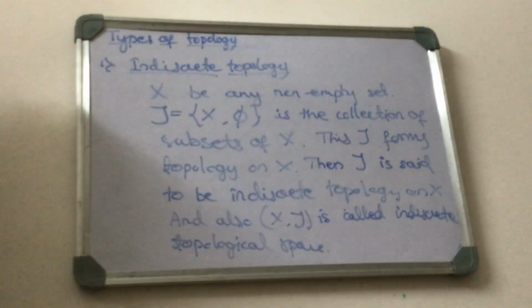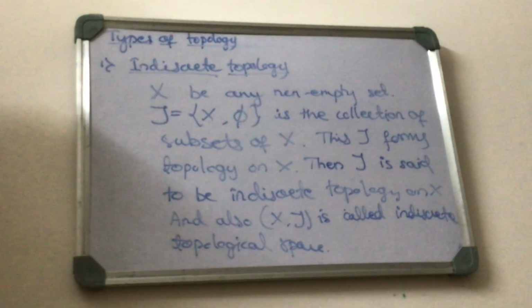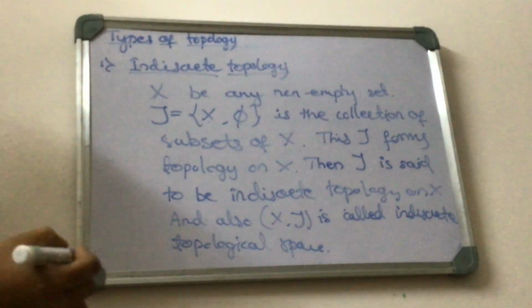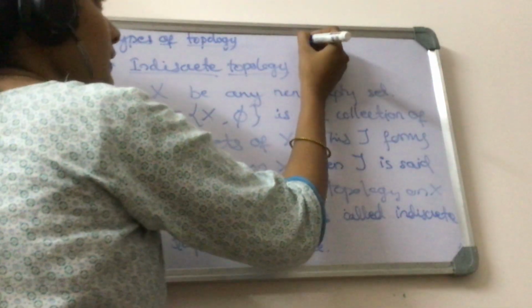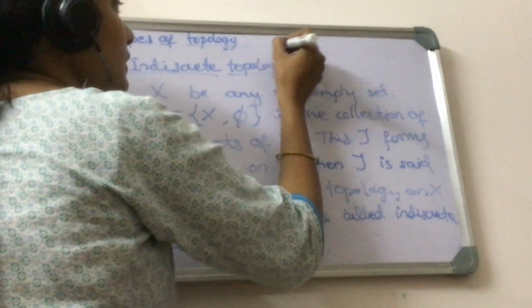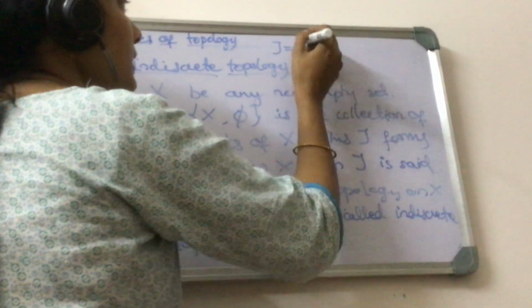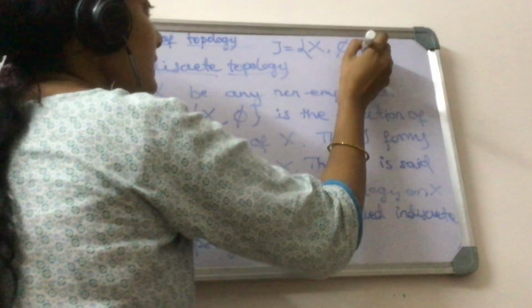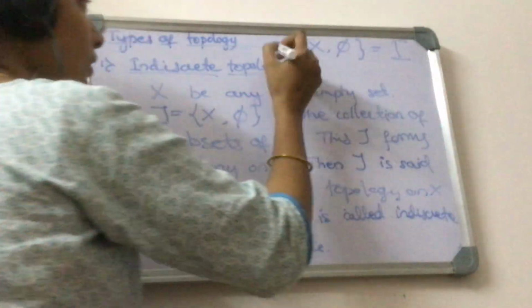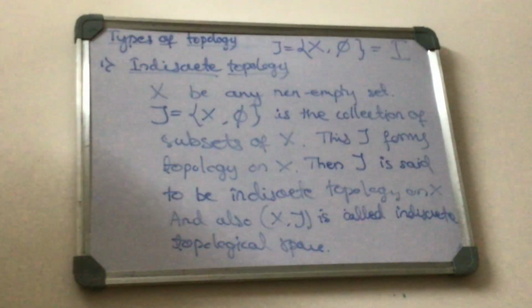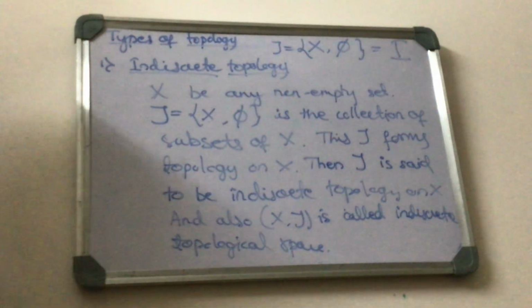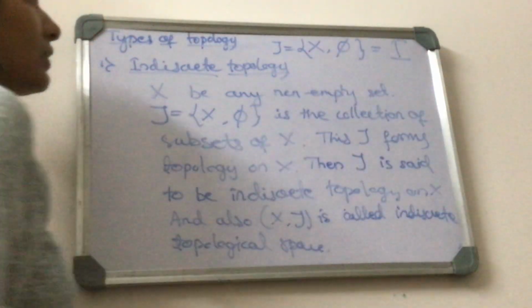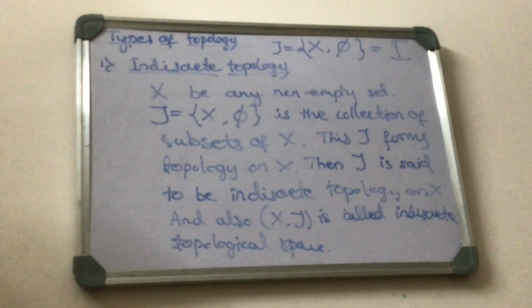Okay, so if it is indiscrete, how we will write? We will see. If it is indiscrete, tau is equal to, tau contains only two elements, that is X and phi. So that is denoted by I. Instead of tau, we have taken that topology as collection of subsets as I. So I is called indiscrete topology.